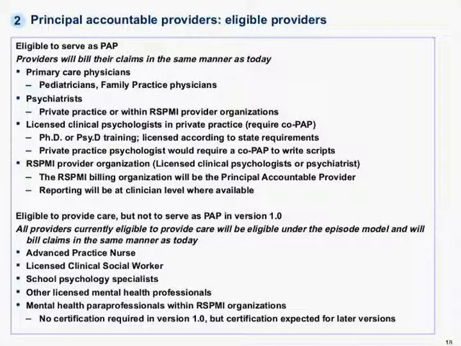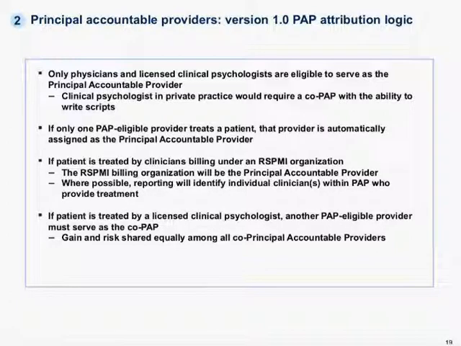All providers are currently eligible to go ahead and provide their care and will be eligible under the episode model and will bill claims again in the same manner as today. So that would be the takeaway from this slide, is that we are not changing our current billing methods or our current programs, but we'll be taking a look back at the episodes to ensure that they come within the ranges established for guideline concordant care on the thresholding.